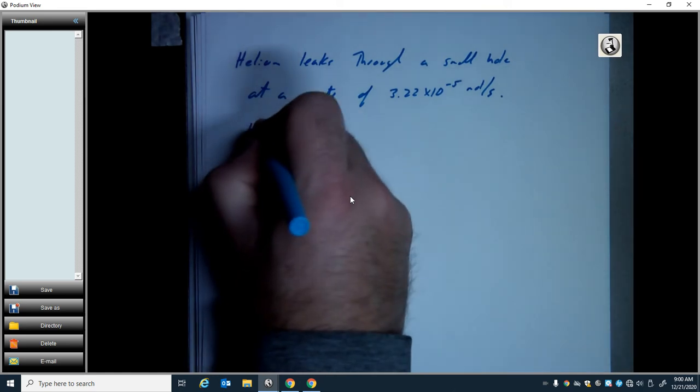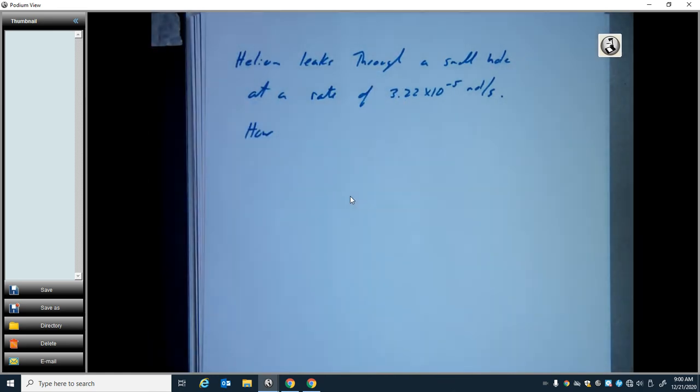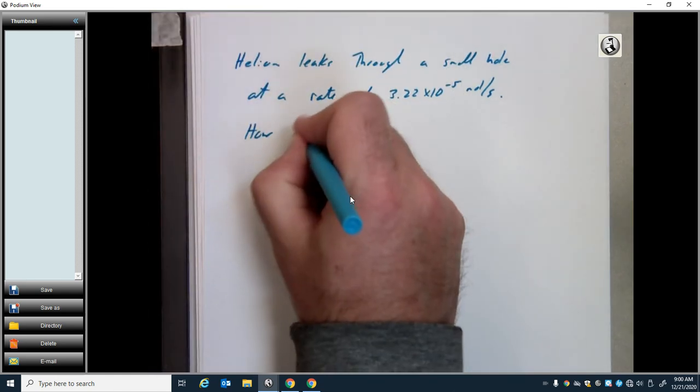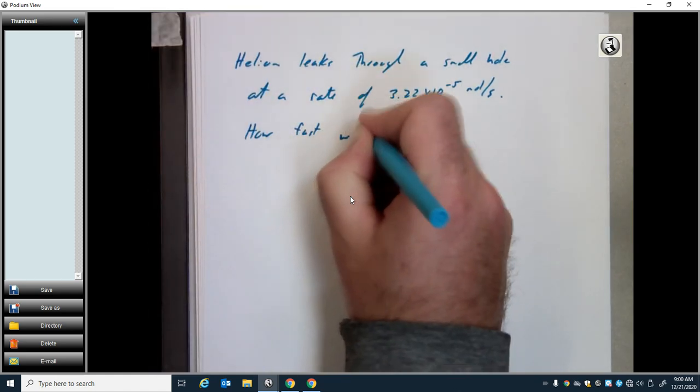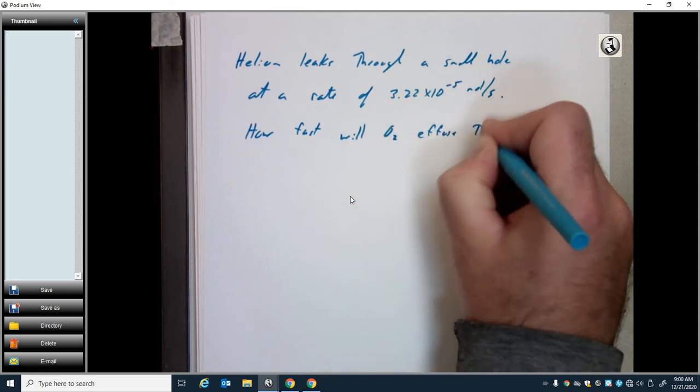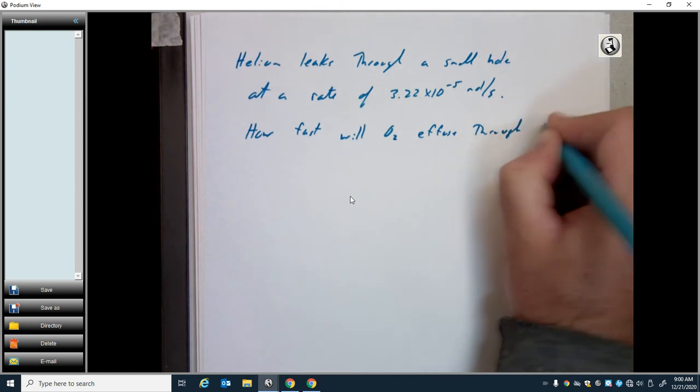How fast will oxygen effuse through the same hole?